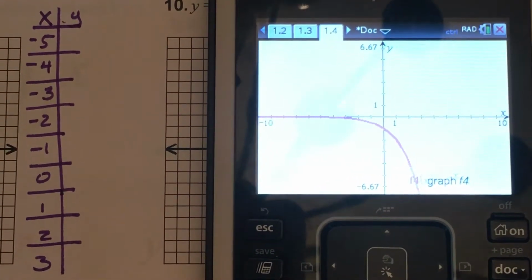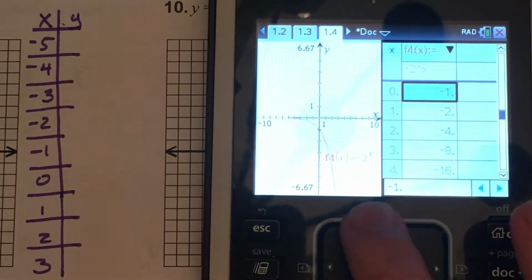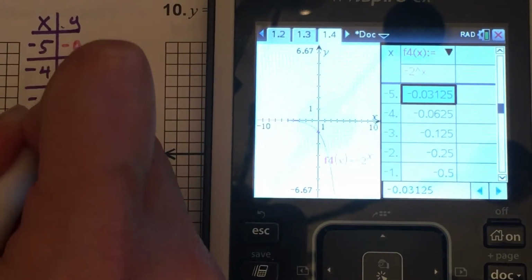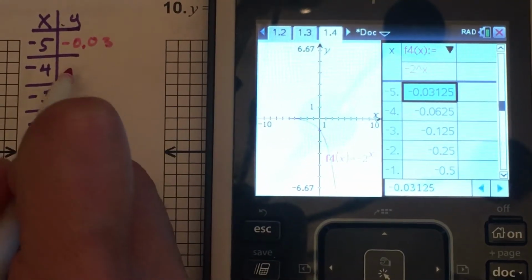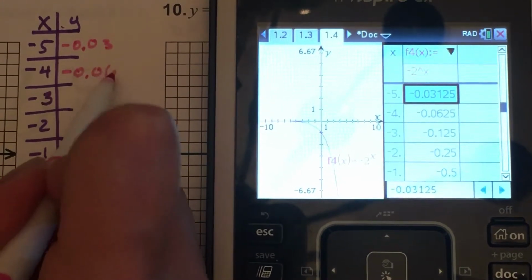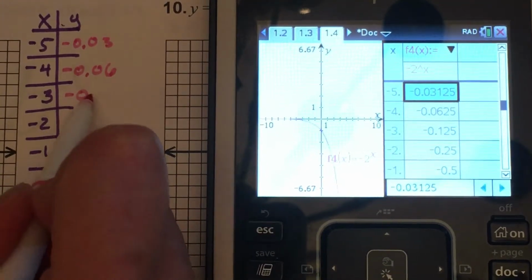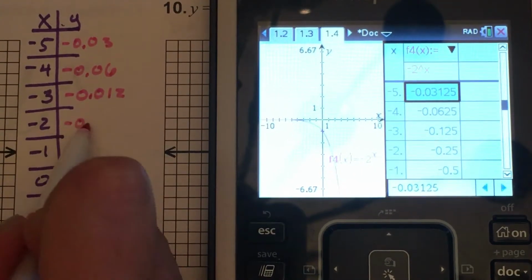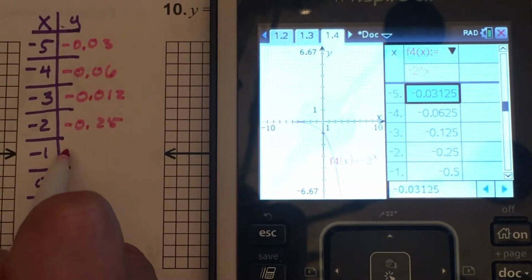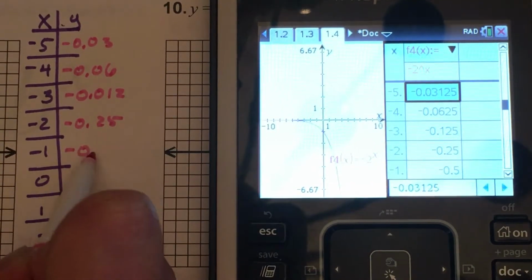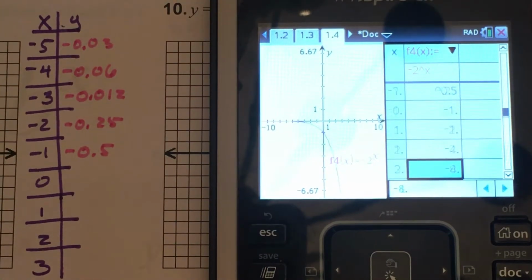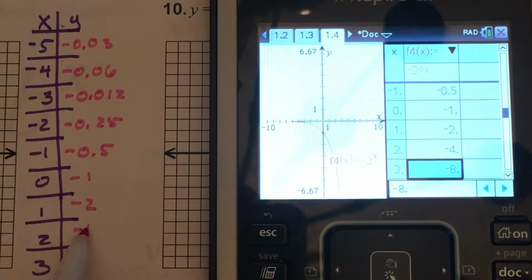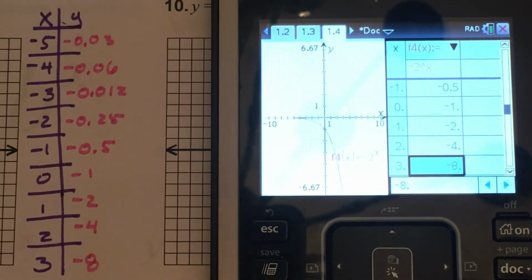No, sorry, Control T. Control T. And here we are at negative 0.03, negative 0.06, negative 0.12, negative 0.25, negative 0.5, negative 1, negative 2, negative 4, negative 8.